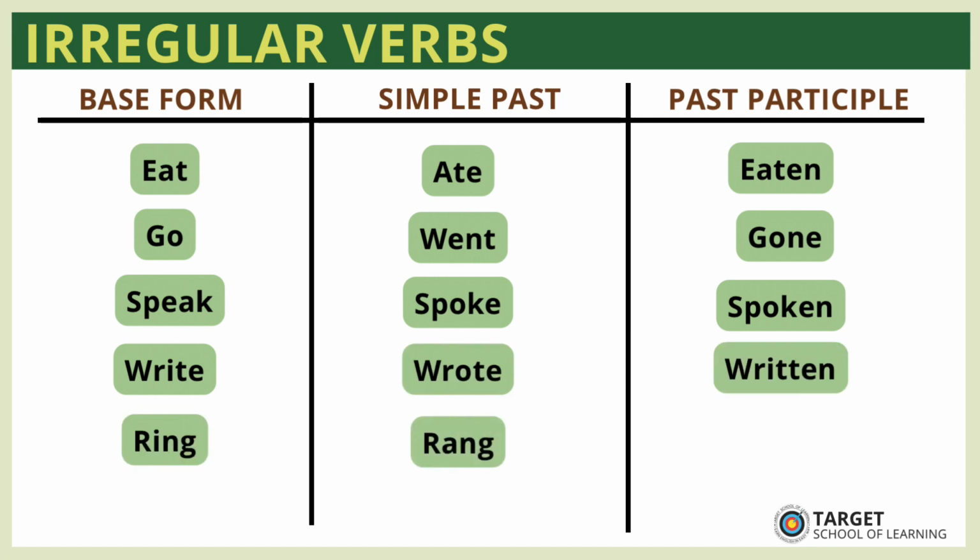Ring, rang, rung. In all of these illustrations, both past participle form and simple past, that is verb second form, are different. The form of the verb should be on your tips in order to formulate sentences quickly. Once you learn them by heart, it becomes a piece of cake for you.